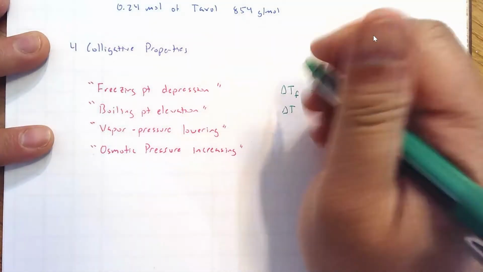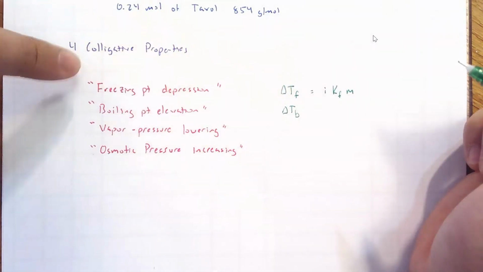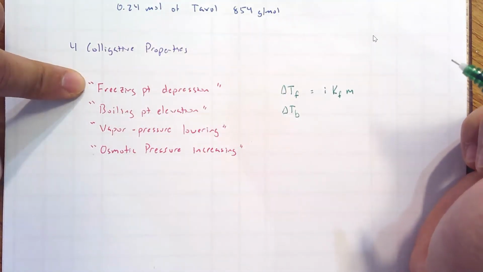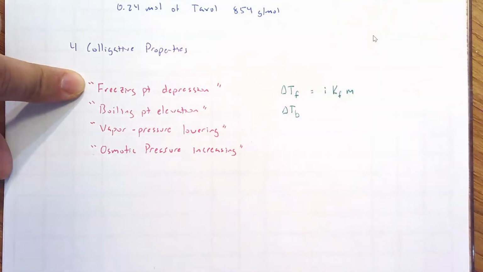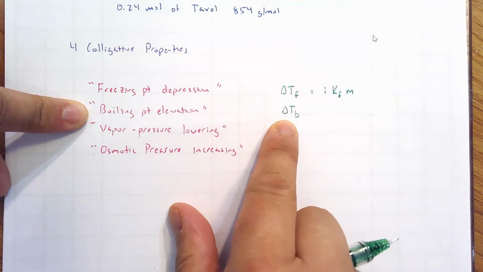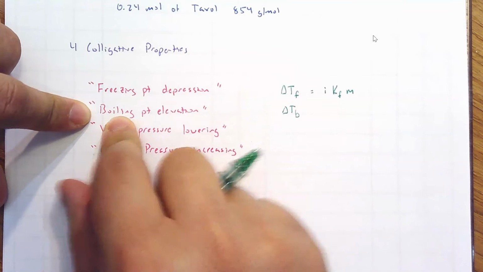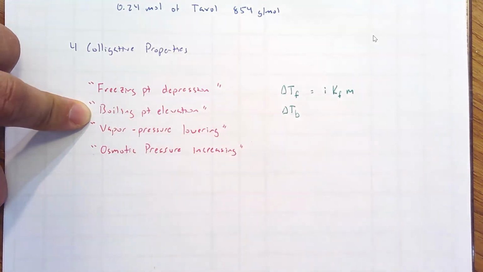That was horrible. I'm sorry, I messed that up. If you have a delta T, you will take the normal freezing point and subtract that delta, so you get a lower freezing point. If you have a delta T_b, a change in boiling point, you're going to take the normal boiling point, like water's 100, and add that number so it becomes higher.